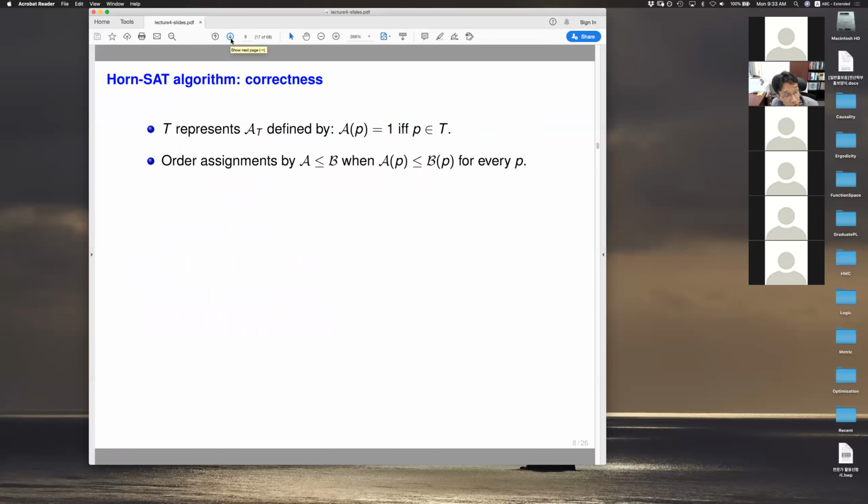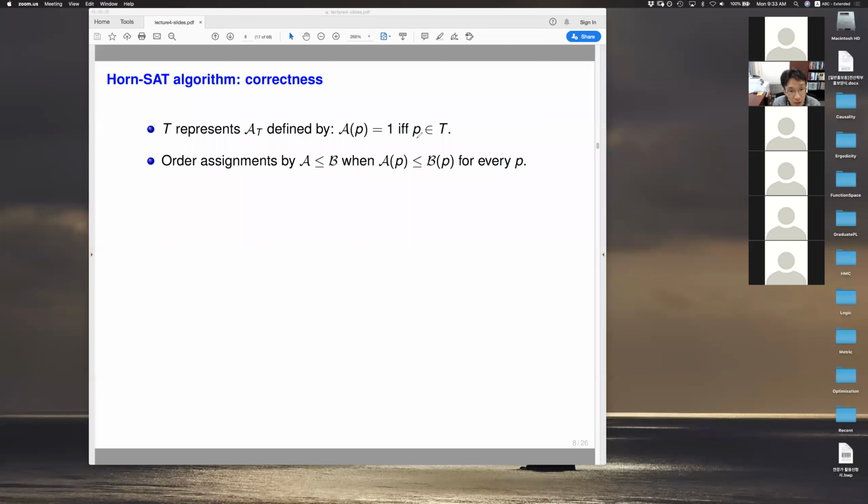It's a reminder of how to read T as an assignment. The reminder is that T is a set of propositional variables, but really what we mean by this is the assignment. If some propositional variable P is in T, we are thinking about an assignment that maps P to 1.